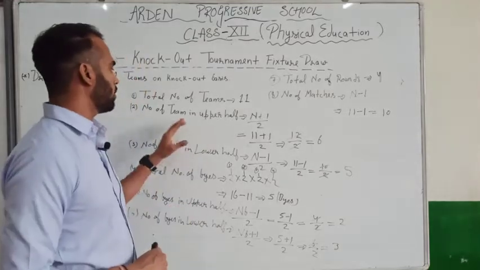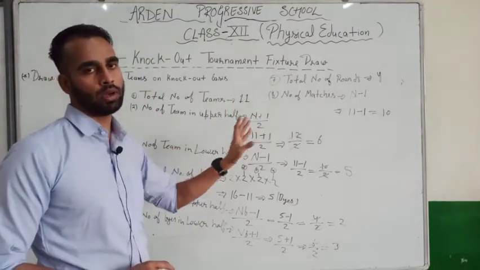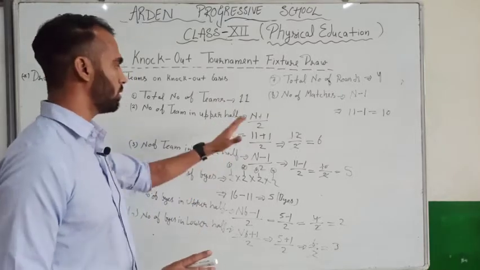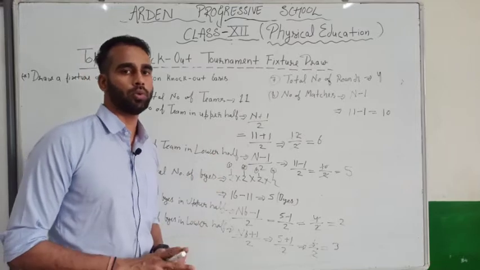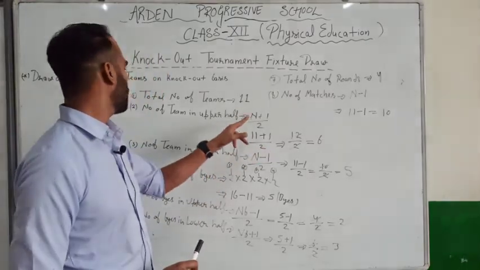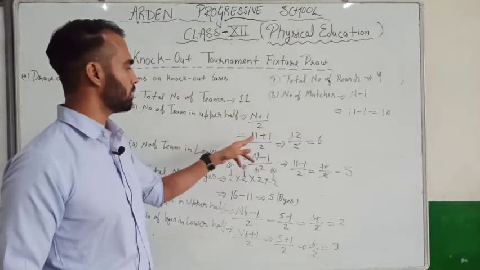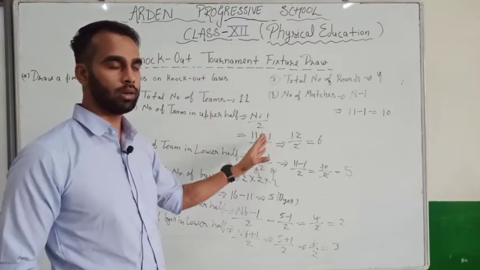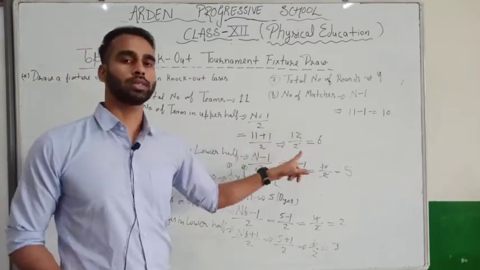The formula is n plus 1 upon 2, where n represents the number of teams. So 11 plus 1 upon 2 gives 6 teams in the upper half.